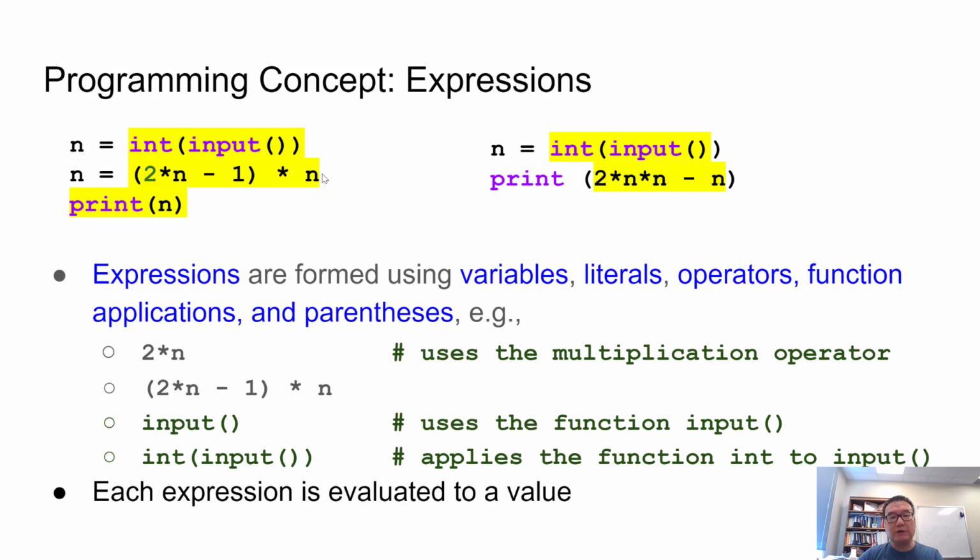Then multiplying with n, that's another expression. So this input with the parentheses following it is a function call, calling the function input. That's an expression. And then we apply the int function to the result of that. That's also an expression, using these as sub-expressions. And every expression will be evaluated to a value.